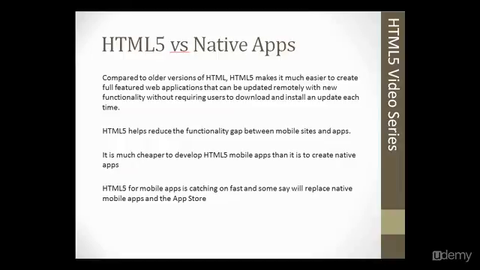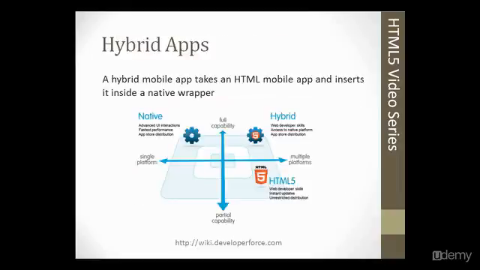Another reason is that the cost of the actual software to develop the native apps is extremely expensive, and for HTML5 you could just use open source IDEs, and it's just much cheaper from a software point of view.